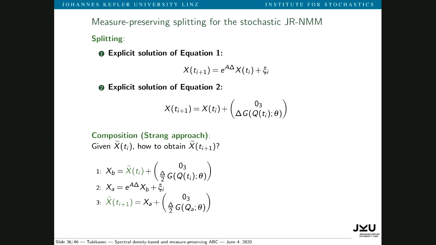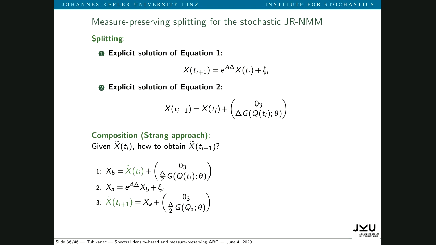So it has been observed in the literature, and this one I'd like to show you. So the question is, given a data point x_{t_i}, how do you obtain the next one? And you can do it in 3 steps. So you take x_{t_i}, which is given as a starting value of the ODE, that you solve with a delta half step.